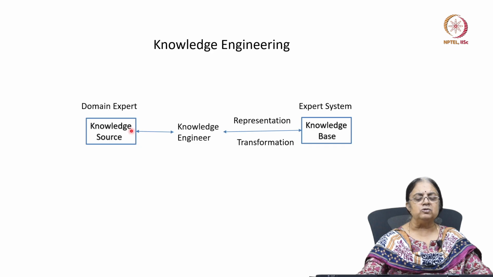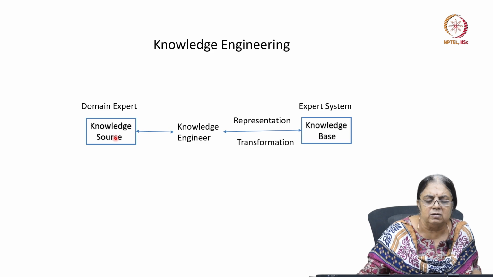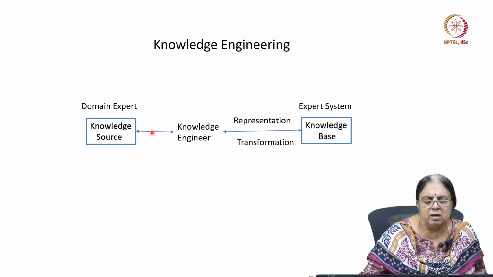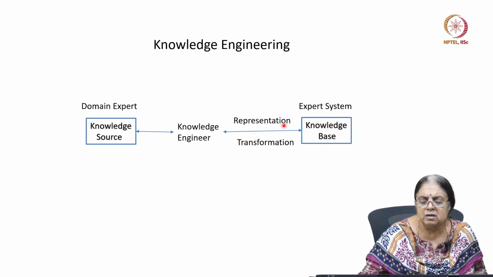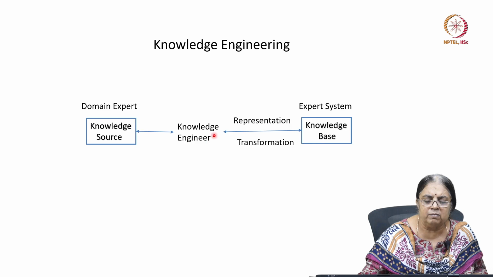So you have the knowledge source, usually a domain expert, maybe other sources also, maybe some books, the internet, etc. So he uses all these different knowledge sources, acquires the information, and then forms the knowledge base by using representation, transformation of the knowledge, etc. And this knowledge base is put into your expert system basically. So this is what the knowledge engineer basically does. And this entire process is known as knowledge engineering.